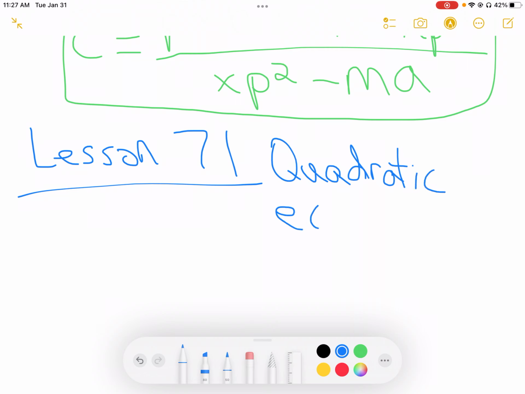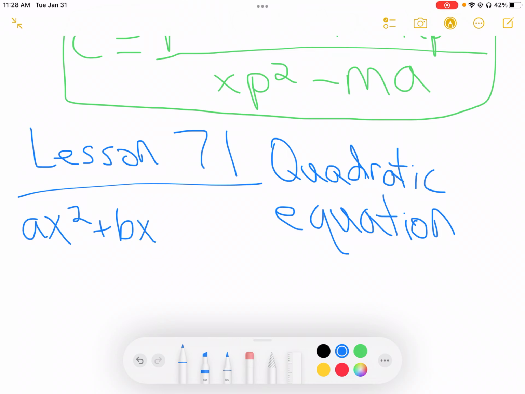Up to now, we've been solving using a couple different methods, like factoring with a t-chart. When I say quadratic equation, we're talking about trinomials: ax squared plus bx plus c, and with the quadratic equation we always have equals 0.